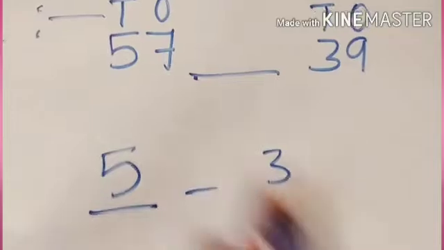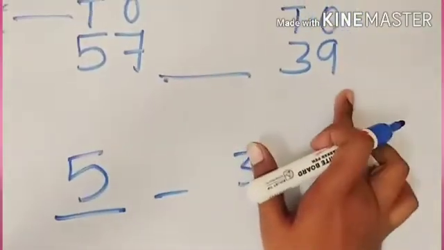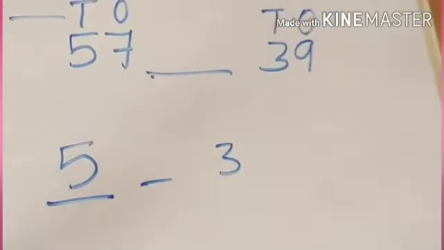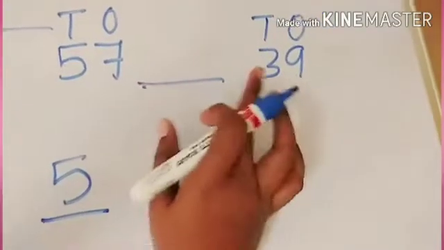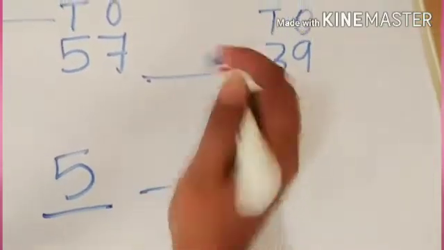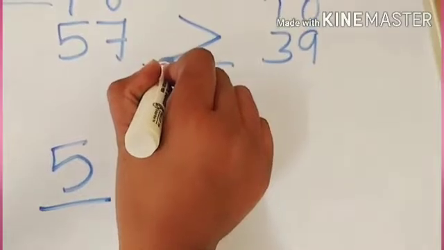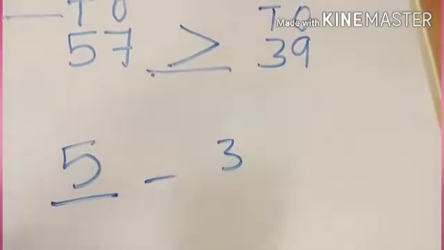So 57 is the bigger number and 39 is the smaller number. So the crocodile is going to eat the bigger number. So this side, the mouth of the crocodile will open.